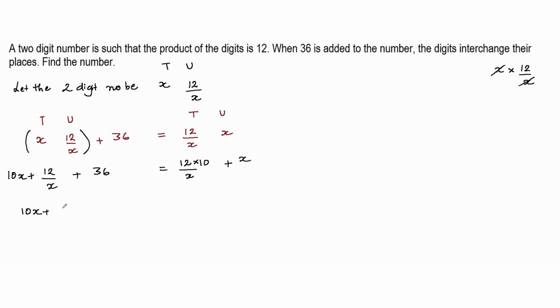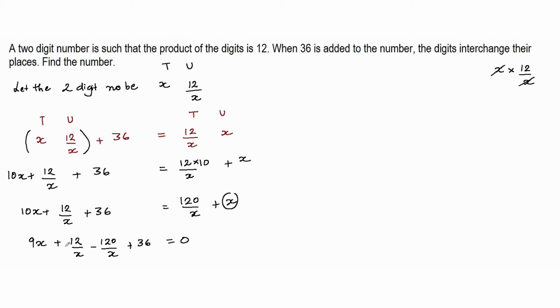Therefore 10x plus 12 upon x plus 36 is equal to 120 divided by x plus x. This x moves to the left side for subtraction, so 10x minus x becomes 9x. Then 12 upon x minus 120 upon x plus 36 is equal to 0.